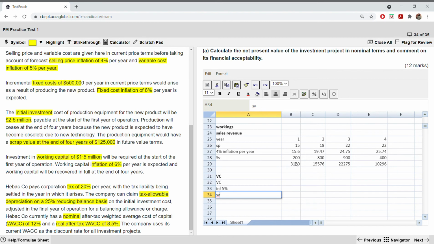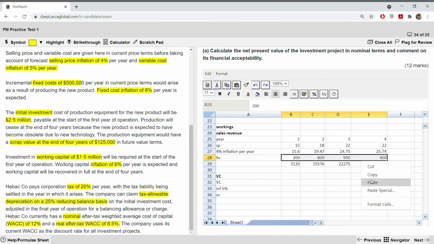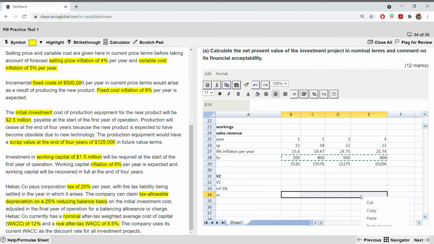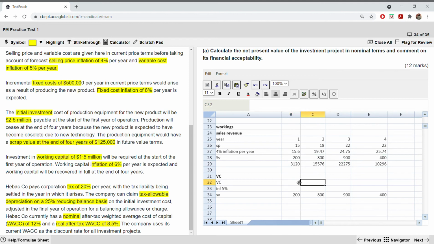So sales volume you can just copy paste from here, and variable cost is same only, it is 9. So just drag this 9 to the other cells and then you inflate it.